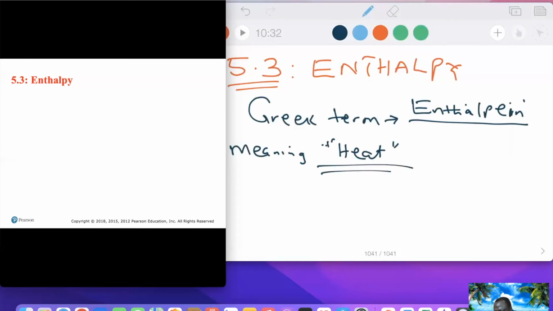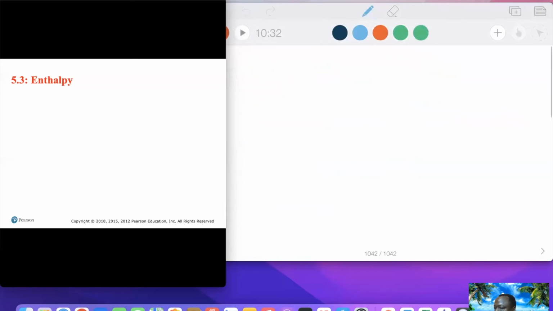All right, enthalpy. So enthalpy of reaction is simply heat of reaction, denoted by the letter H. We use this H, enthalpy or heat.